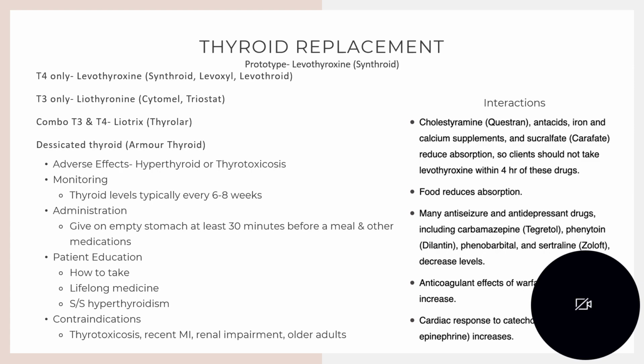Like I said, for levothyroxine, myxedema coma would be when you give that IV, and other emergency type situations. Otherwise, most of the time, this is given in a pill. And I will say these are dosed, I think, in like 0.25 increments.